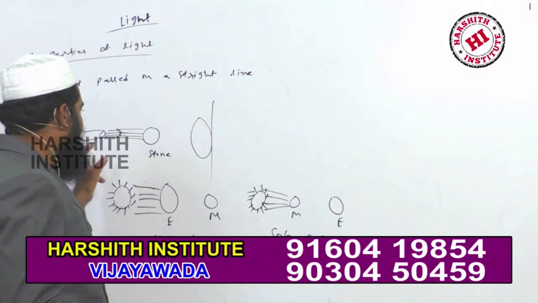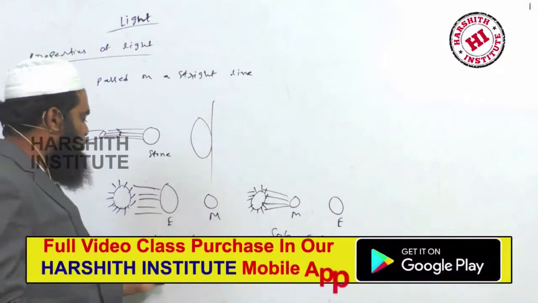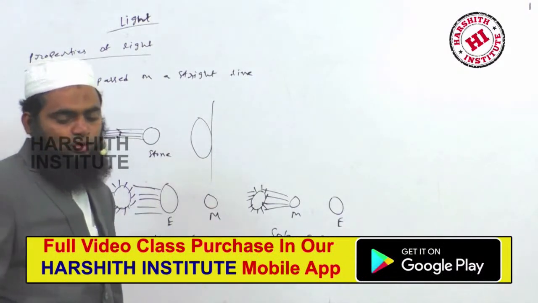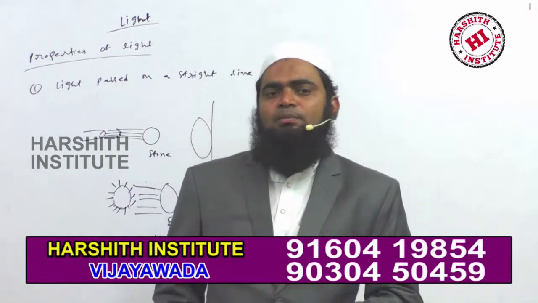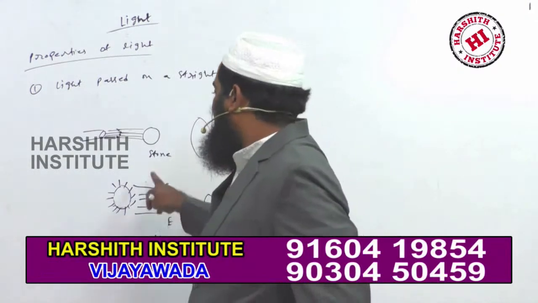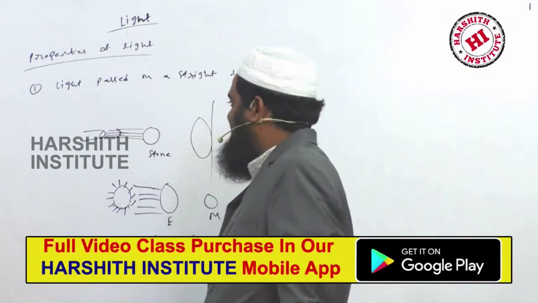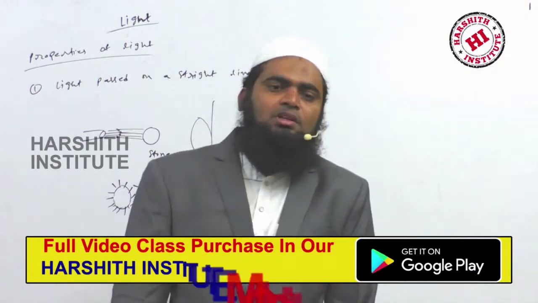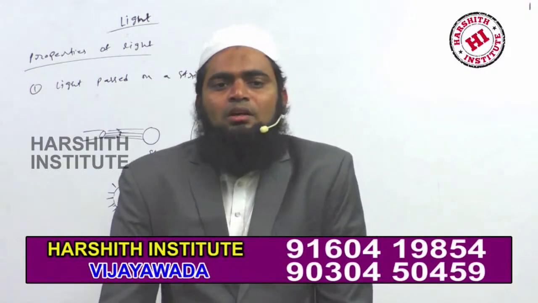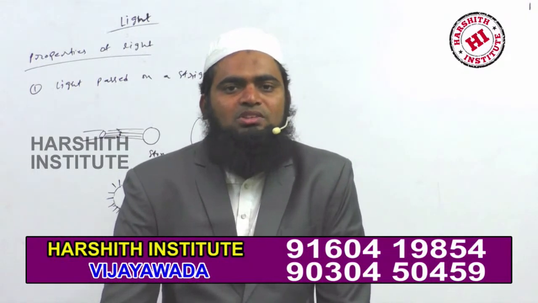If the light passed on curved rays, it could not form a solar eclipse or lunar eclipse. So in this activity we conclude that light passes on a straight line, but not in a curved direction. Simply, if light passes on any opaque object, it forms a shadow.